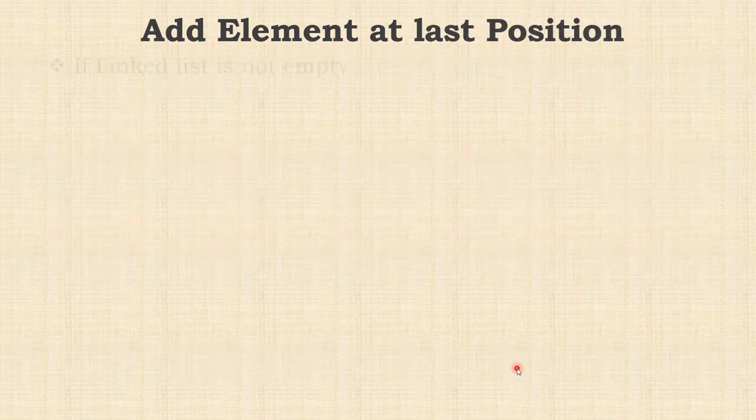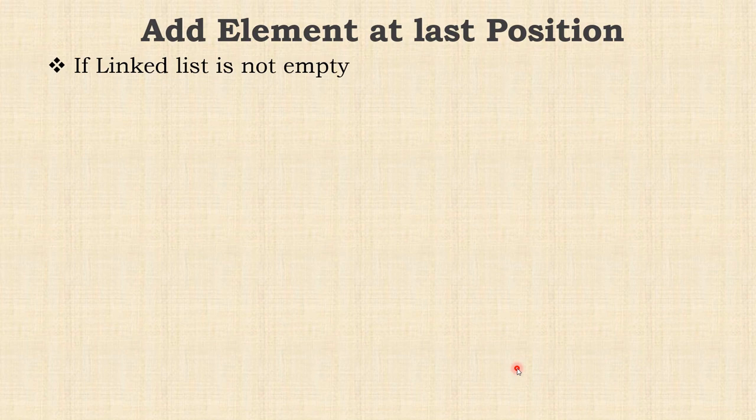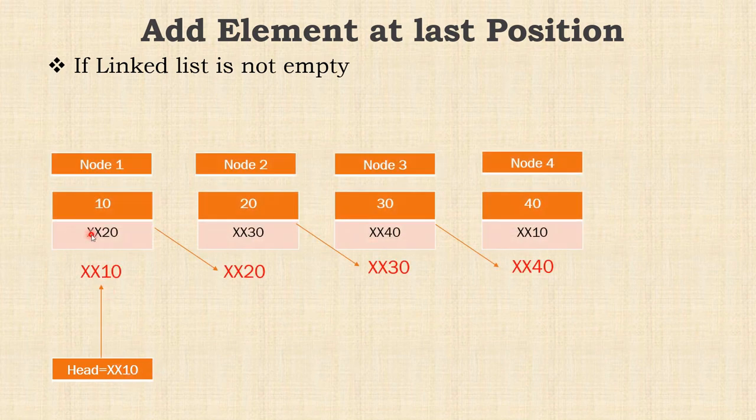If the linked list is not empty, that means head is pointing to some node. So it's pointing to xx10, xx10 is pointing to xx20, xx20 is pointing to xx30, and xx30 is pointing to xx40.